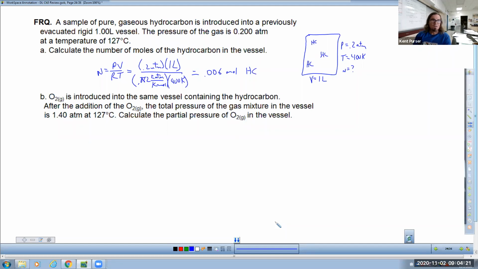Now, part B. Hey, you can still use your same picture on the test tomorrow. Somebody introduces oxygen in here, containing hydrocarbon. After the addition of the oxygen, the total pressure goes up to 1.4.